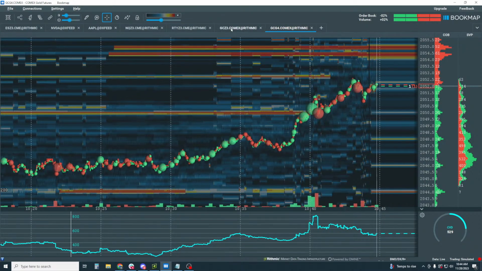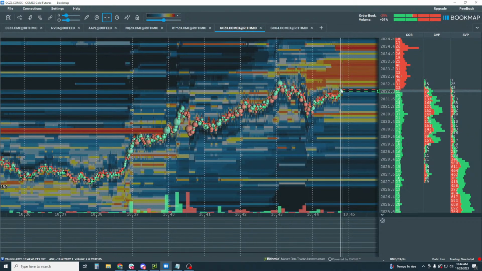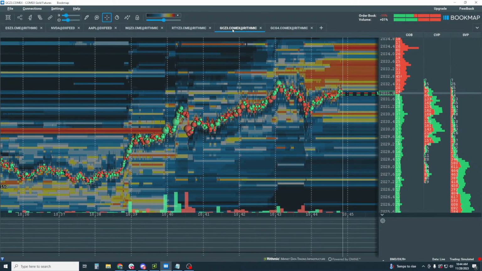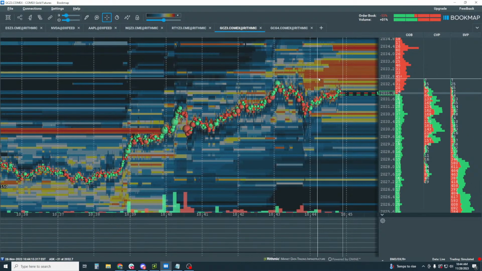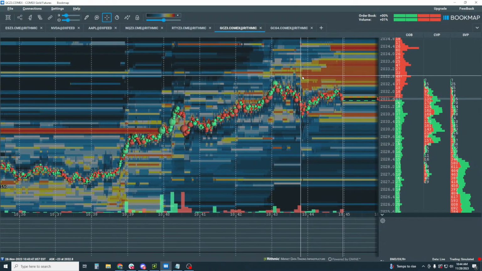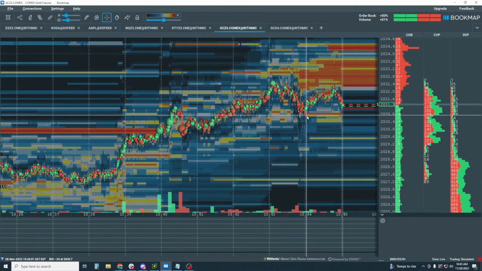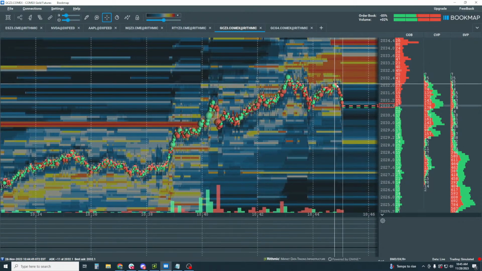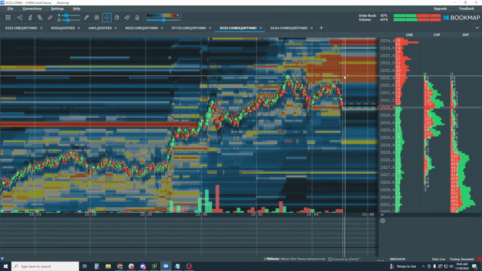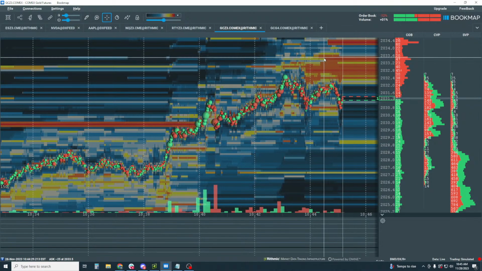For any of you guys that like to spread trade, calendar spread trade on rollover, there's some pretty nice things to take a look at and consider. They're just not even wanting to take this on up here, this big, huge block of liquidity in here.